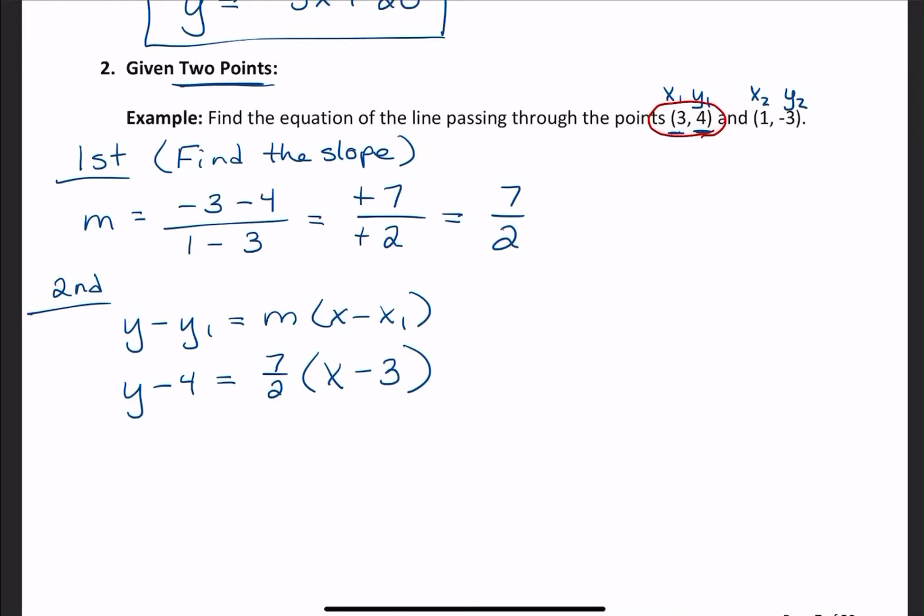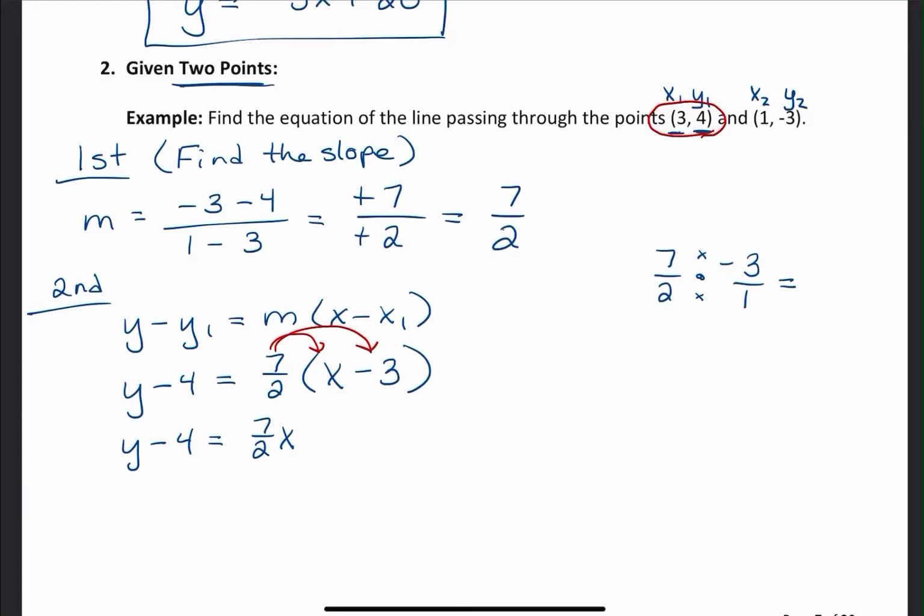So again, I need to distribute. I know that's a scary fraction, but don't be too scared of it. I'm going to do the same thing. I'm going to distribute 7/2 times x is just 7/2 x. And then over here on the side, if I do 7 over 2 times -3, I'm going to put that over 1. And when you multiply fractions, you just do top times top, bottom times bottom.